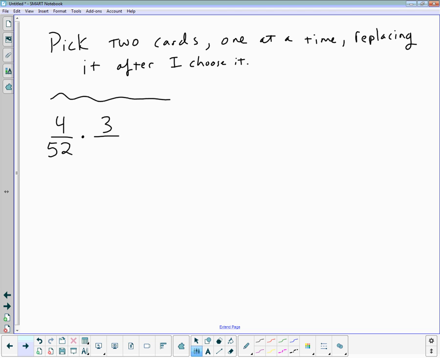3 out of 51. And by the way, especially when you're doing these problems and working in fractions, sometimes it's best to not reduce your fractions right away, because then you will often see that you have common denominators. Okay?